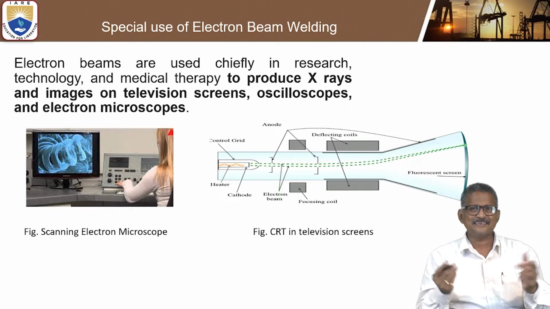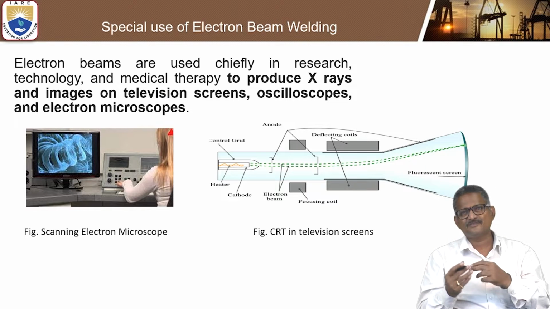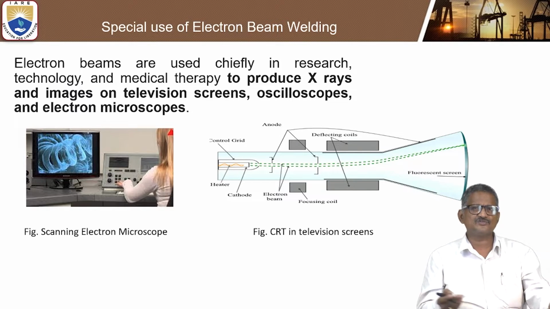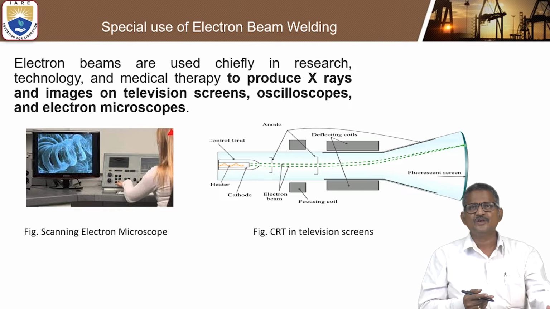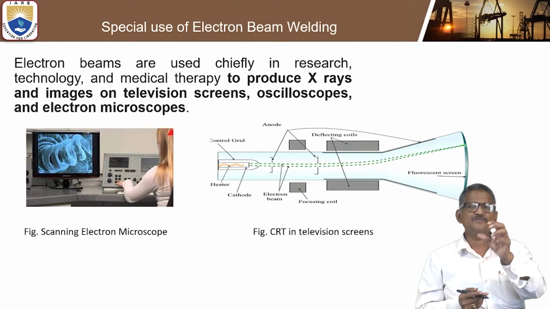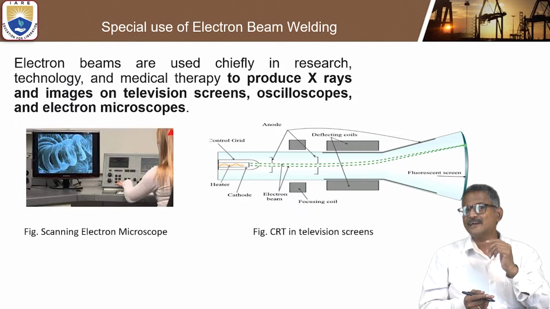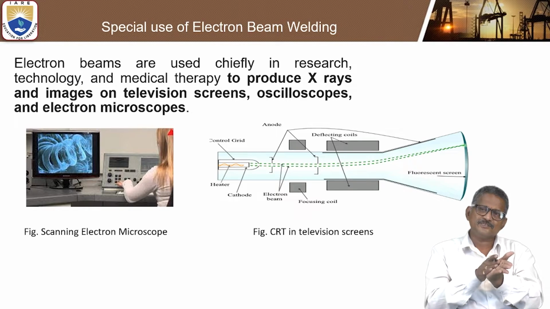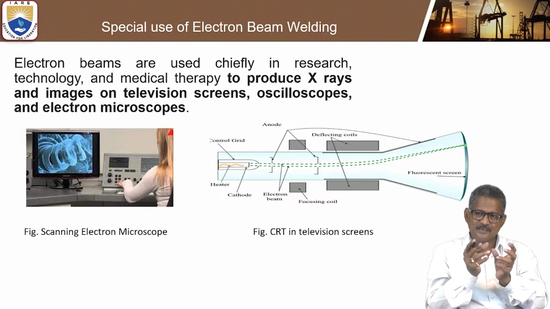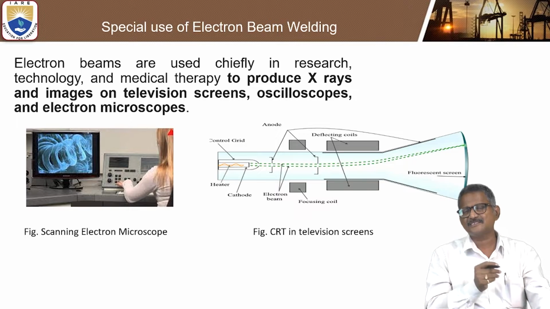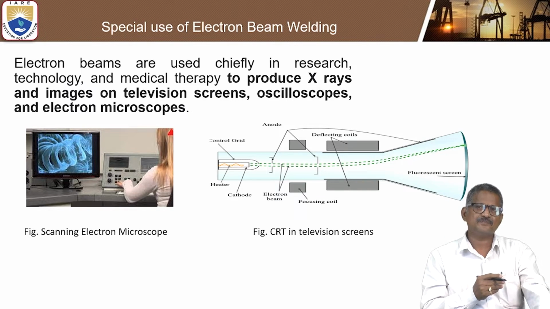Traditionally they use X-rays, images of television screens, oscilloscopes and electron microscopes. For any special use, especially in medical technology, EBM welding is most preferable to join effectively. Even some parts of our nervous system can be treated with this EBM process.